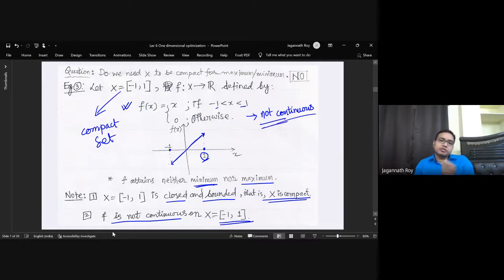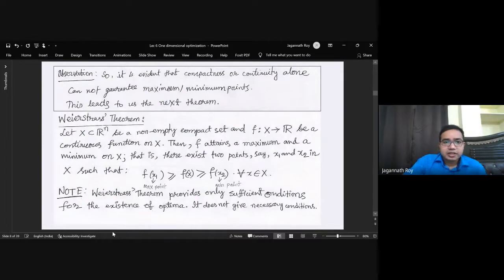So continuity is also important, not only compactness. These two are important. So this leads us to the next theorem. Continuity or compactness alone cannot guarantee the maximum or minimum.